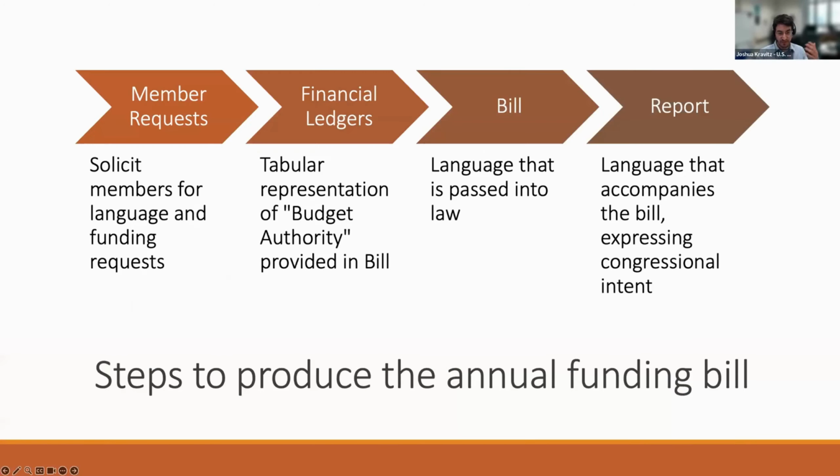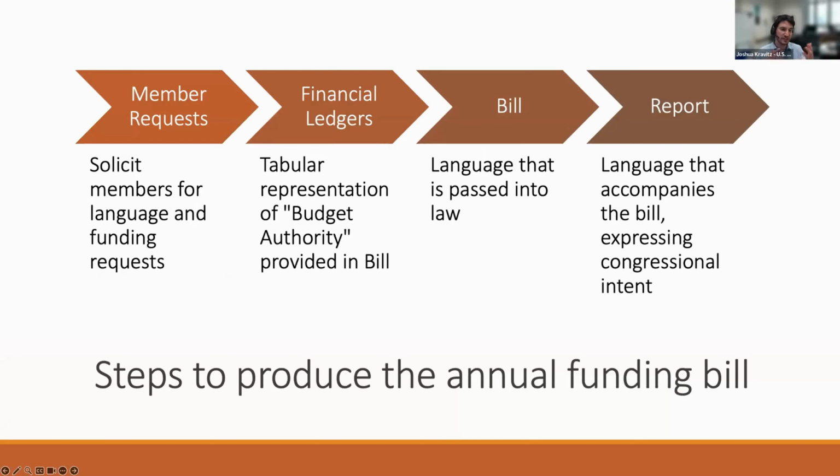The process that we go through is kind of fourfold. We have the member request process, where members are solicited for requests, things that they would like to see in the bill. There's the financial ledgers process, which allows us to represent the funding we provide to agencies and to programs within the federal government in a machine readable format. And then there's the bill and the report.